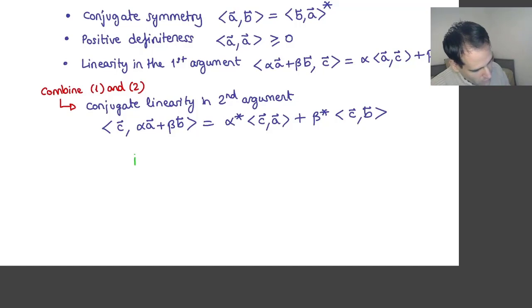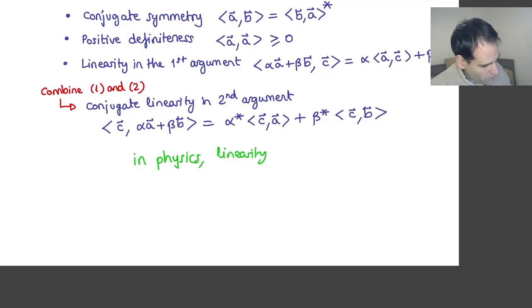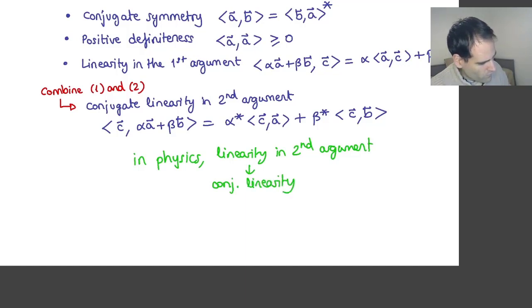So let me write it down. In physics, linearity in the second argument, which implies conjugate linearity in the first argument.